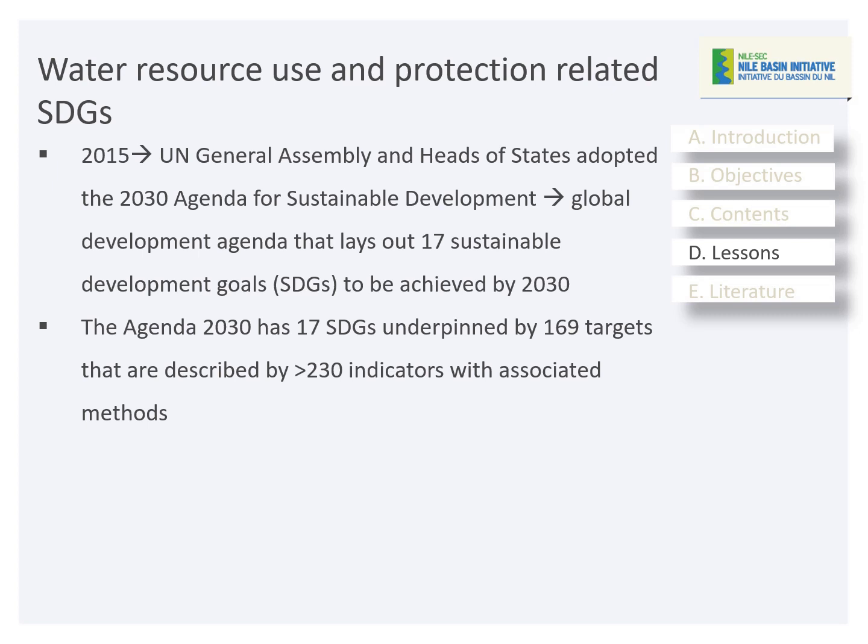The agenda has 17 sustainable development goals that are underpinned by 169 targets, and these targets are described by 230 indicators with associated methods. In combination they will all contribute to achieving the 17 Sustainable Development Goals that the United Nations has established to be achieved by 2030.